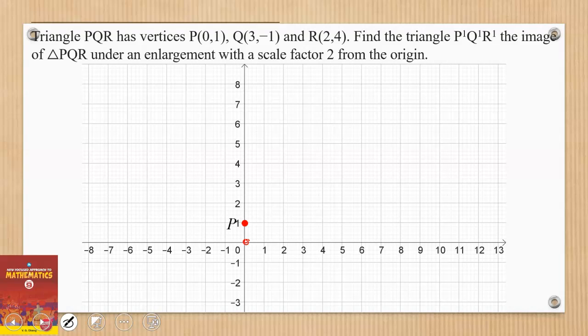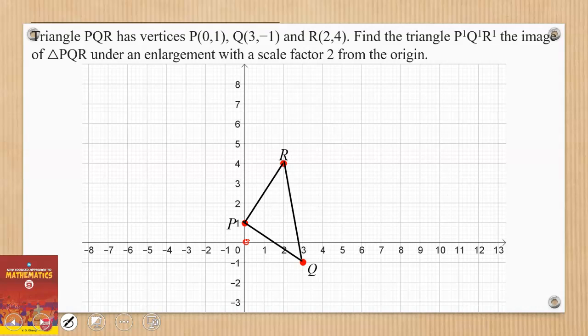Then Q, (3, -1). x is 3, y is -1, so we get our Q. Then R, (2, 4), so 2 for x and 4 for y. Now when we join these three points together, we create a triangle. Beautiful.